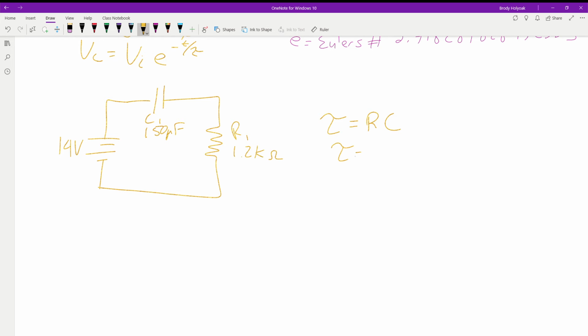So tau is equal to 1.2 kiloohms multiplied by 150 microfarads, in seconds. Yeah, tau will be in seconds. 180 milliseconds. So every 180 milliseconds, we're going to hit a tau.